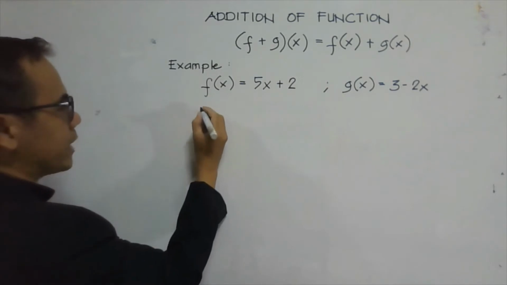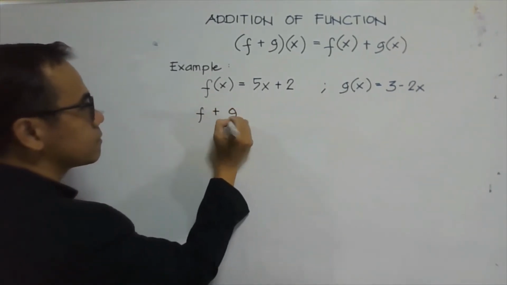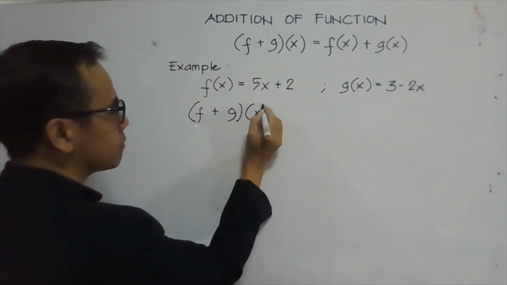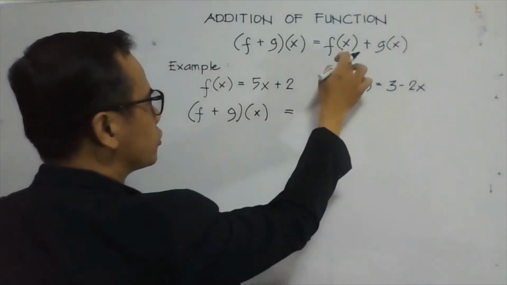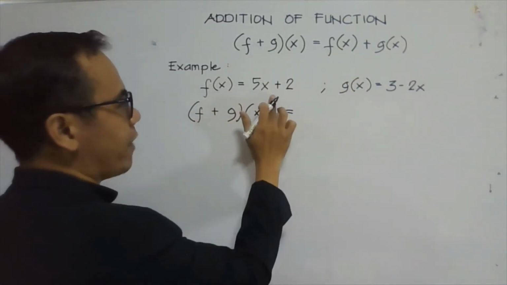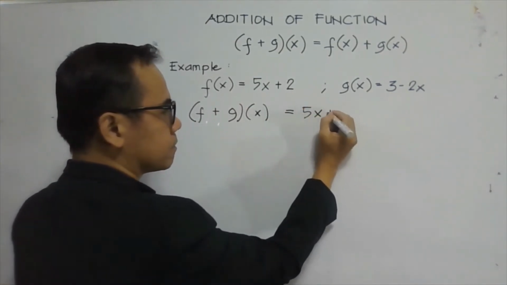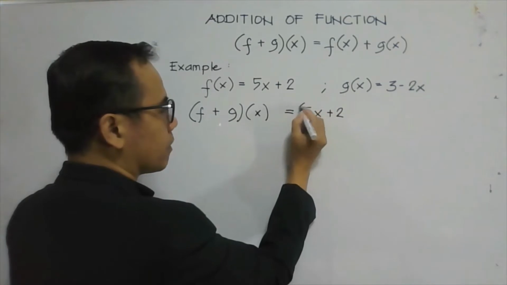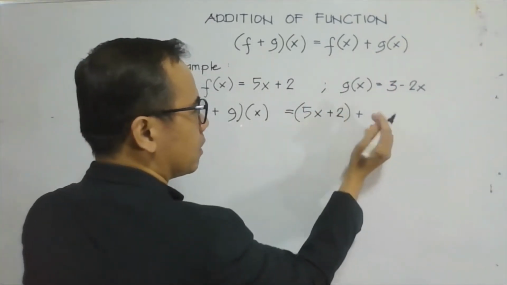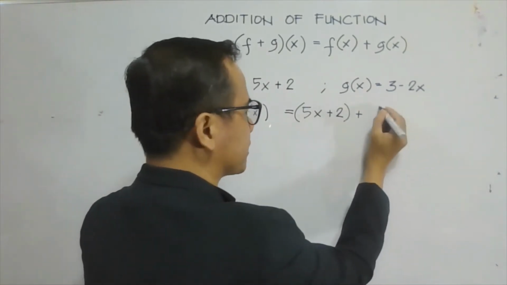So simply, we have here f plus g of x is equal to the function of f, which is equal to 5x plus 2, and then plus the function of g, which is equal to 3 minus 2x.